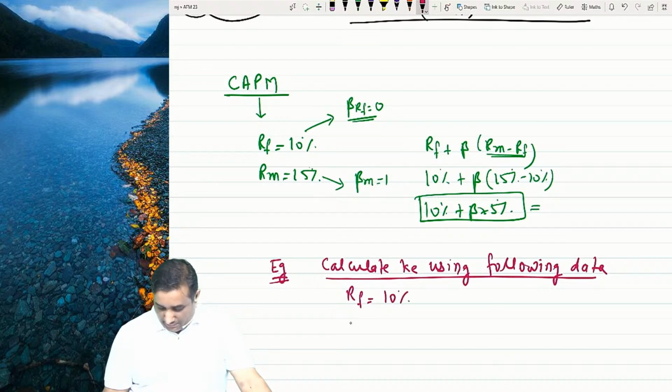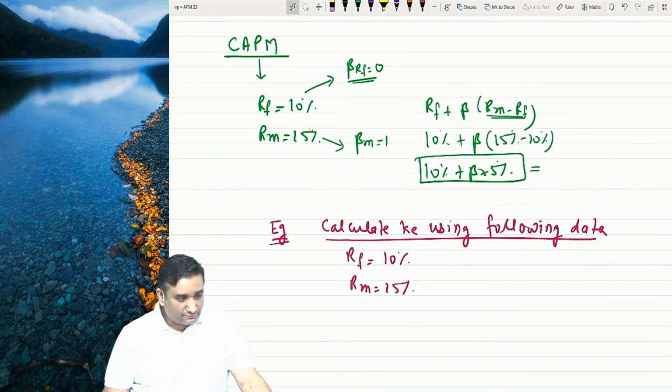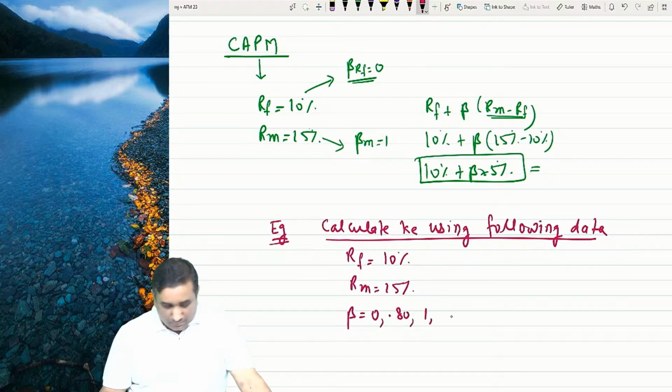RF is equal to 10, RM is equal to 50, beta I put 0, 0.8, 1, 1.5.